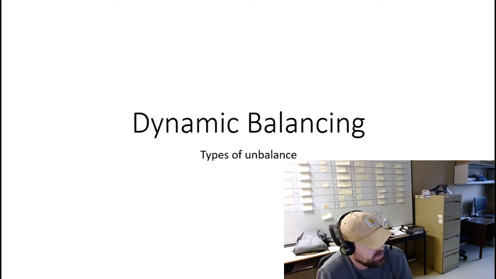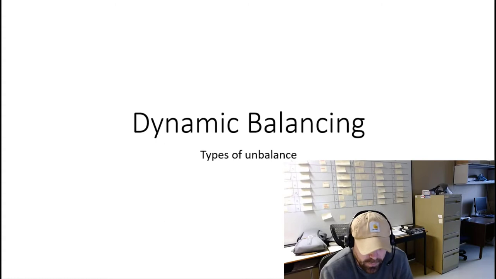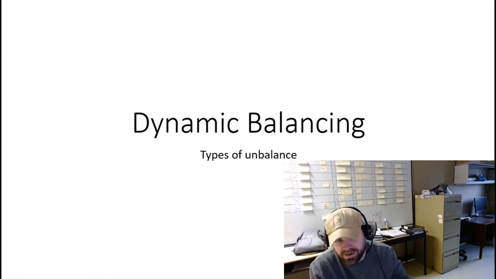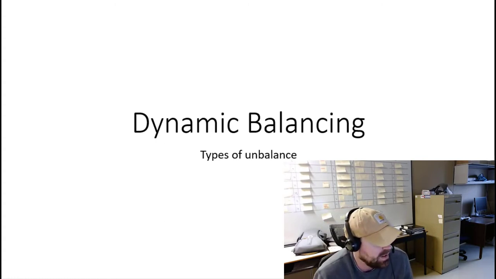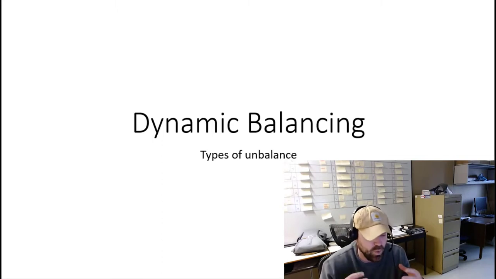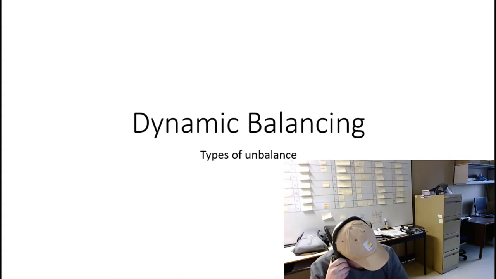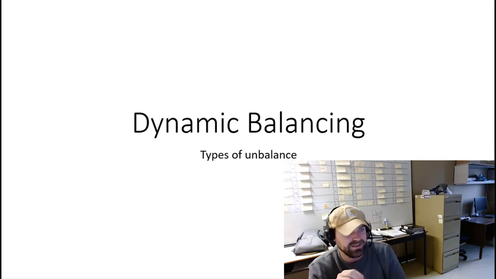In the first lesson, we talked about some of the definitions of balancing, and we looked at a few of the causes of imbalance. Now, given that those types of imbalance are present, the way in which the weight is distributed around the shaft axis, we need to classify the types of imbalance.